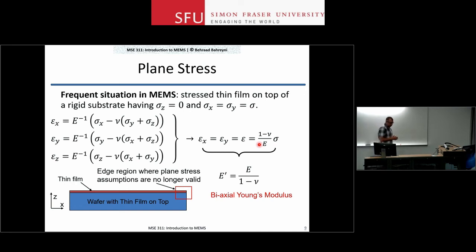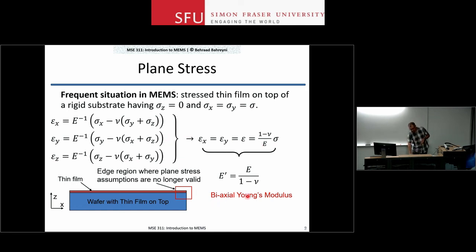And it is a consideration for MEMS devices. So if you, for example, have a tensile stress in your film and you're designing a device from that film that is under tensile stress, you have to keep in mind that if you use the value of Young's modulus from bulk measurements, you're probably going to underestimate the stiffness of that structure. That structure is going to appear as if it is made of some stiffer material.